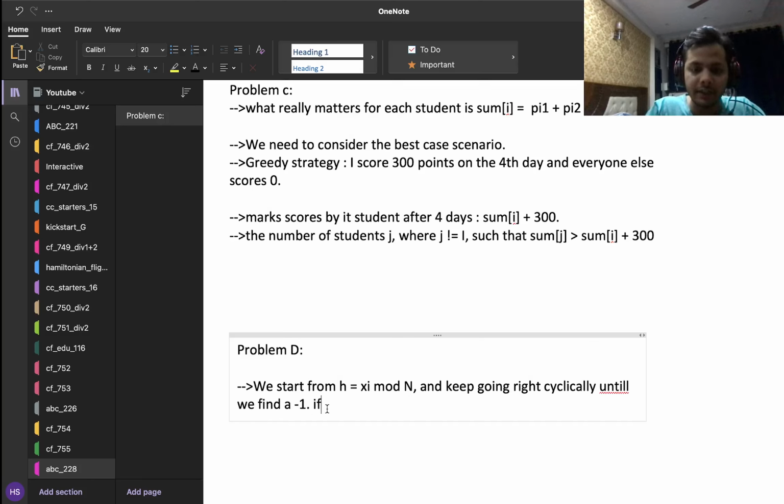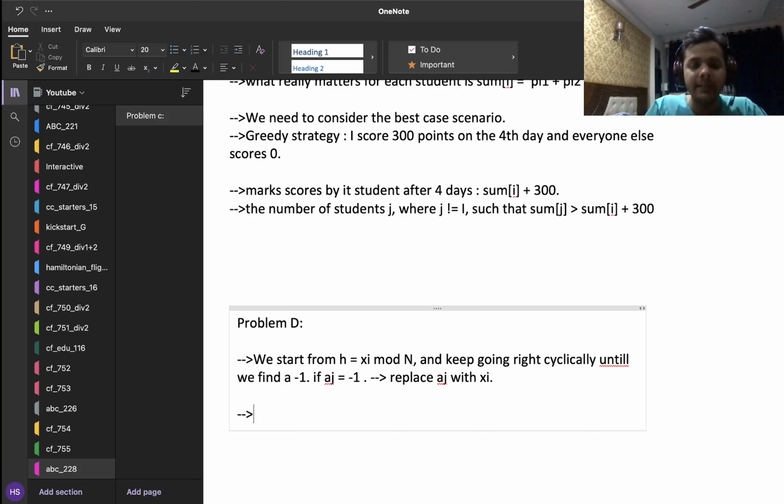And if we find minus 1 at index j, then we replace a of j with xi.